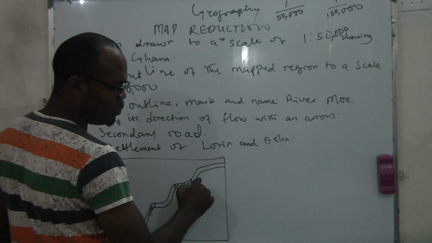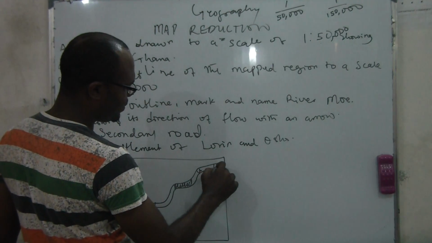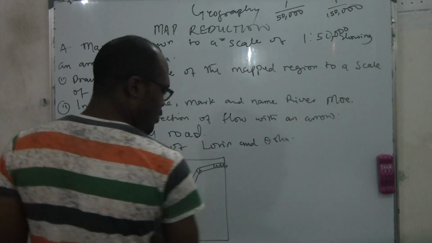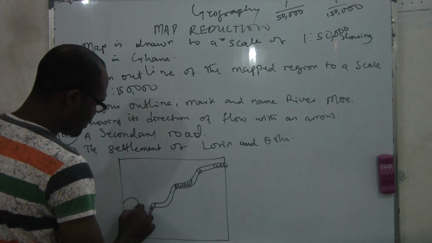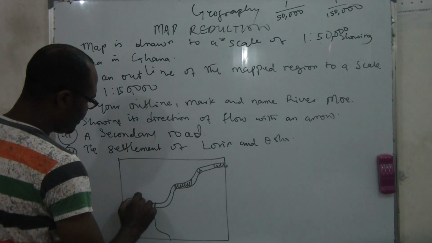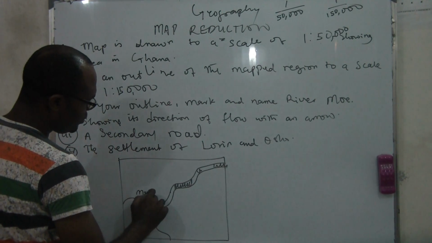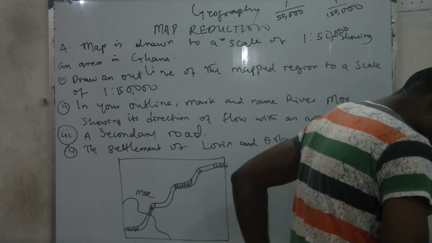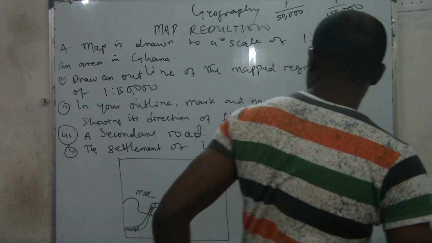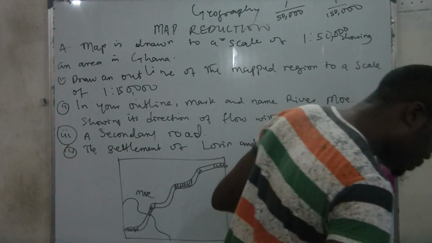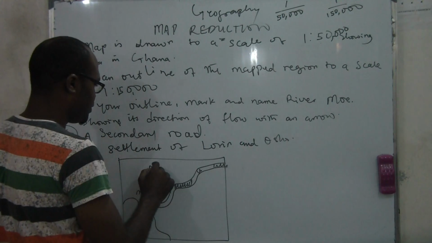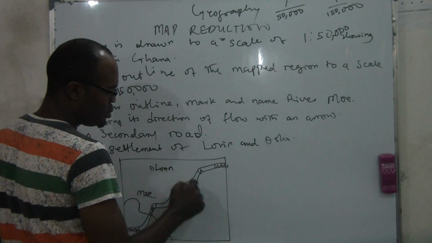I've already taught you about the same size and the same dimension. Which towns are we supposed to locate? Yorin and Osha.